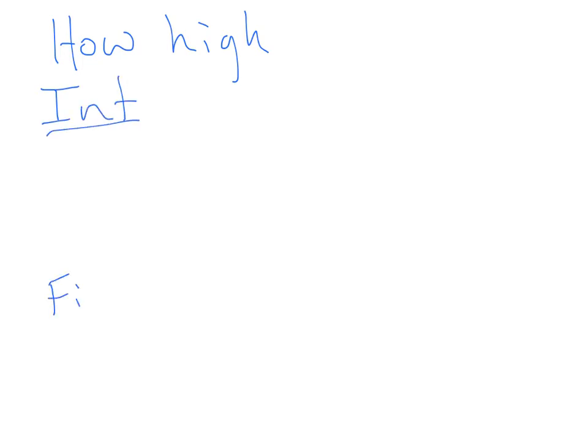So first let's talk about how high this is going to travel. Let's break this up into when it initially leaves until its max height. So let's look at our initial conditions and our final conditions. Initially we have a velocity that is positive, 10 meters per second.